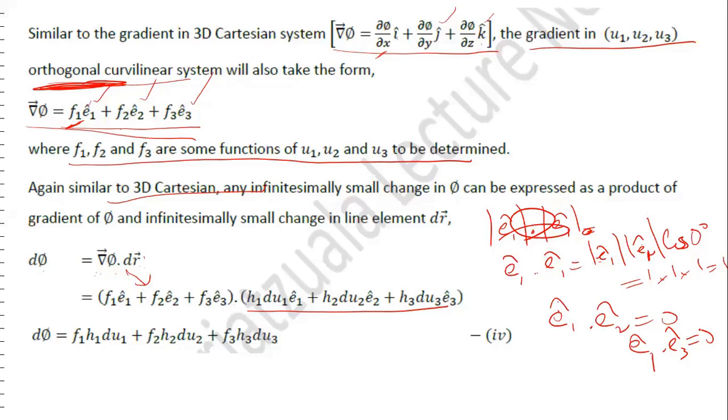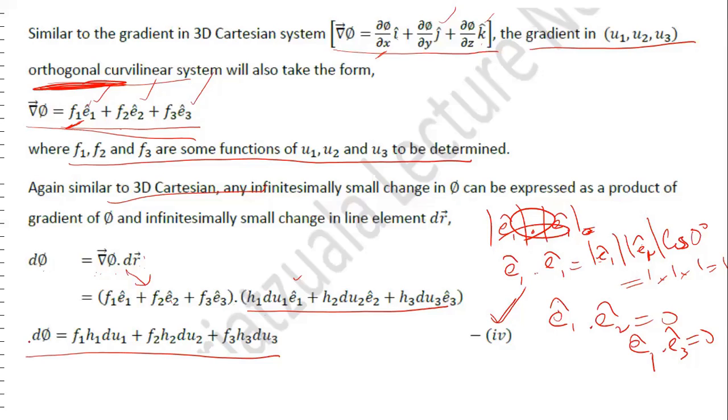So taking a dot product, E1 dot E1 is 1, E1 dot E2 is 0, E1 dot E3 is 0, and similarly E2 dot E2 is 1, and the rest of the dot products will be 0. So when you do that, your d phi, any change in phi, you will get this expression as in equation number 4.